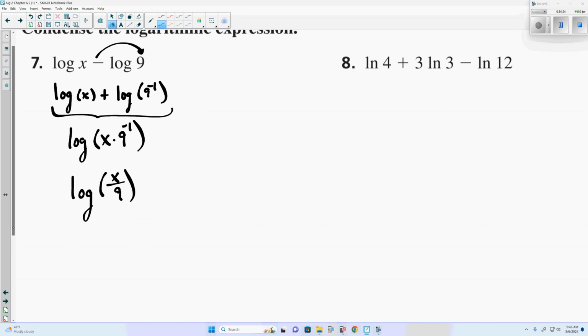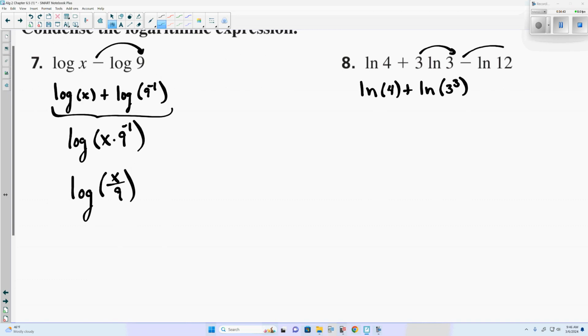Last one of condensing that we're going to do here. Power. So yes, it would still be ln of 4 plus 3 to the 3rd, because our power property says we'll take that 3 up with it.